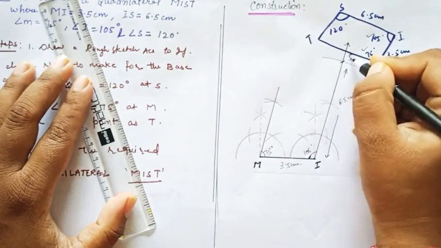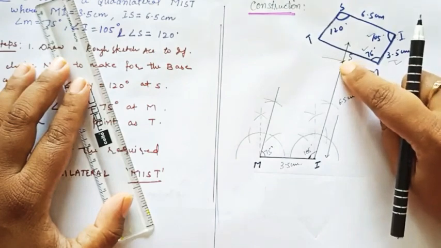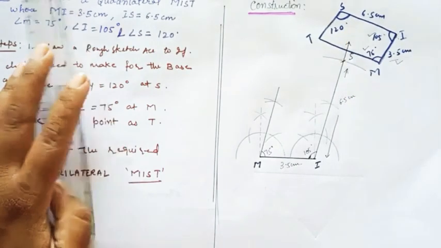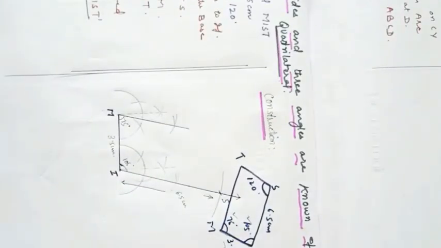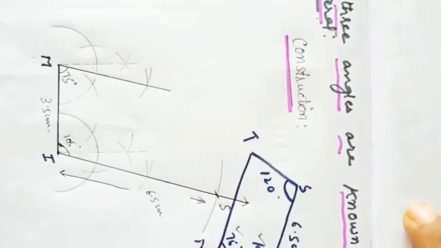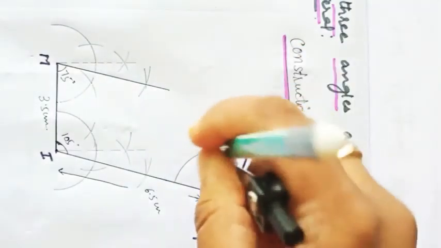Now from S you have to draw 120 degrees. See, again you have to draw one semicircle over here.